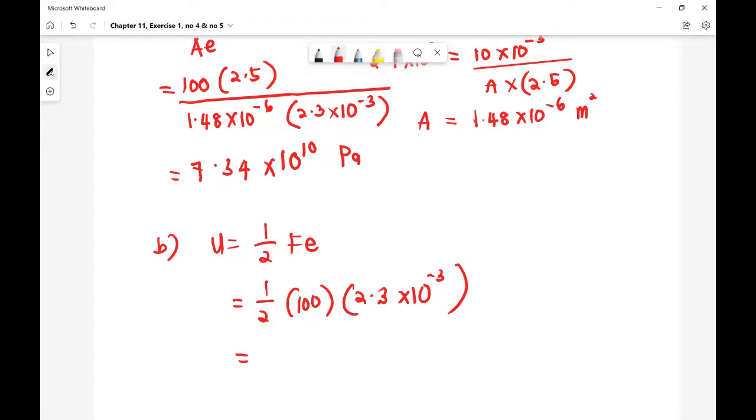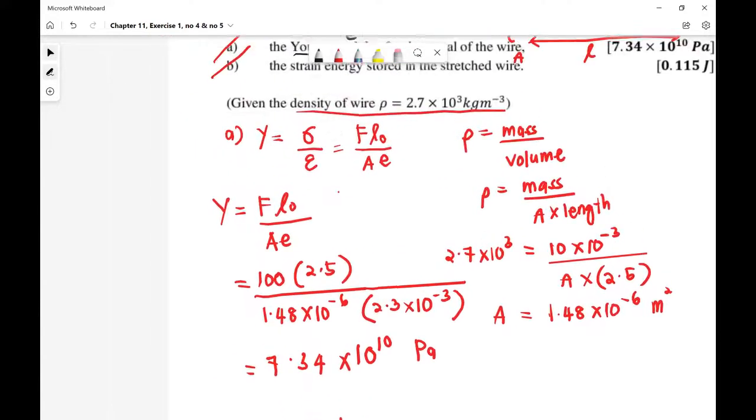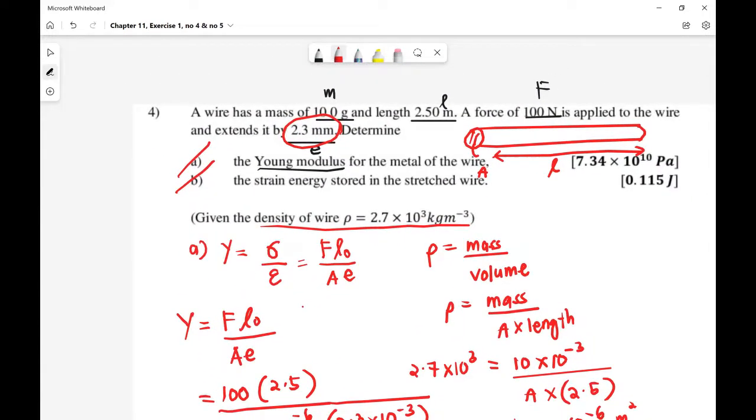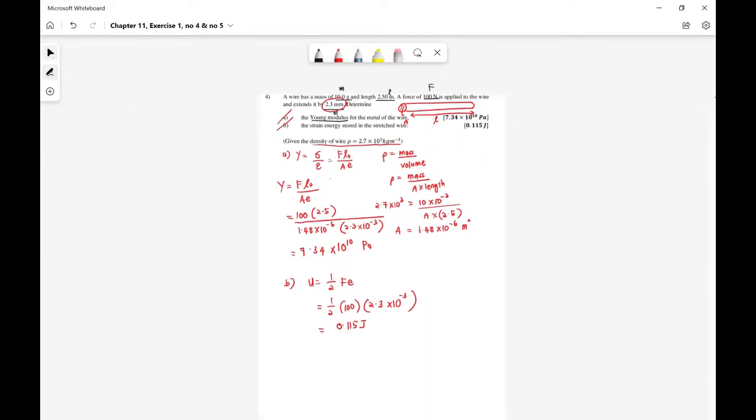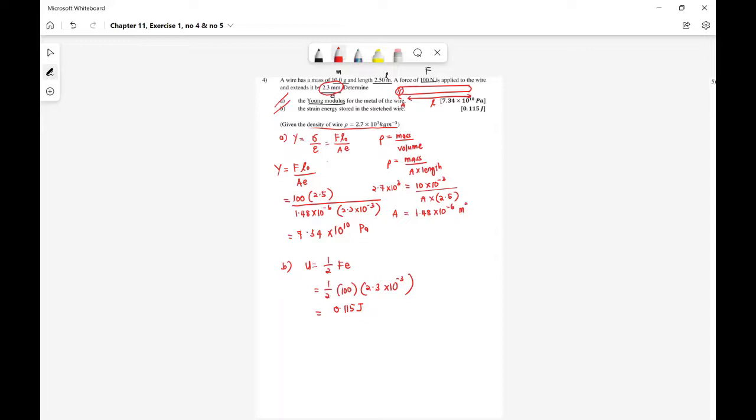So it equals 0.115 joule. Okay, so kita dah jawab soalan B, strain energy stored in the stretched wire. Jawapan dia adalah 0.115 joule.